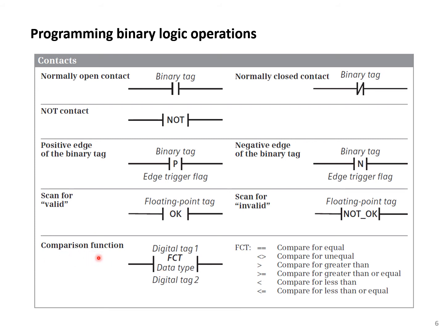We could have a comparison function and we compare the digital tag data type with digital tag 1 and digital tag 2. Here we have equal or unequal, greater than, less than, and other basically inequality functions.